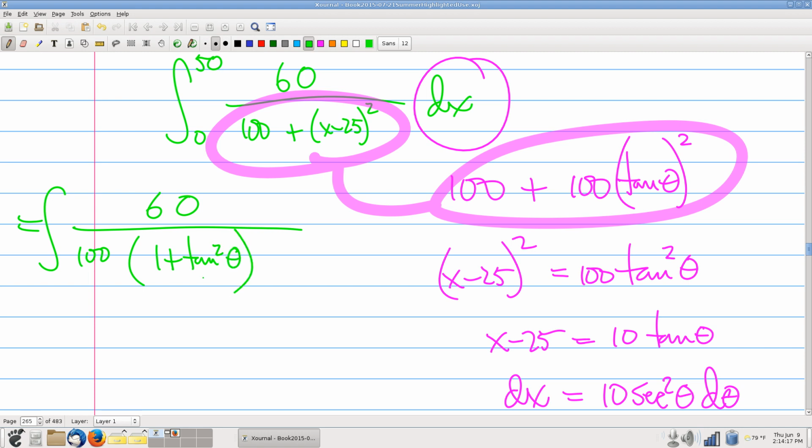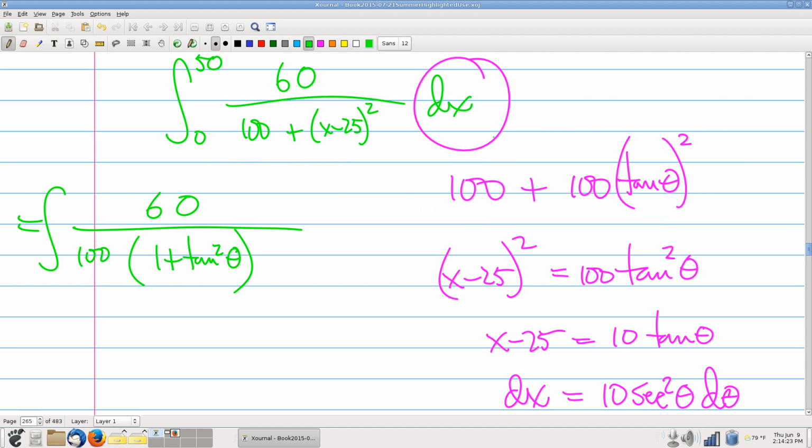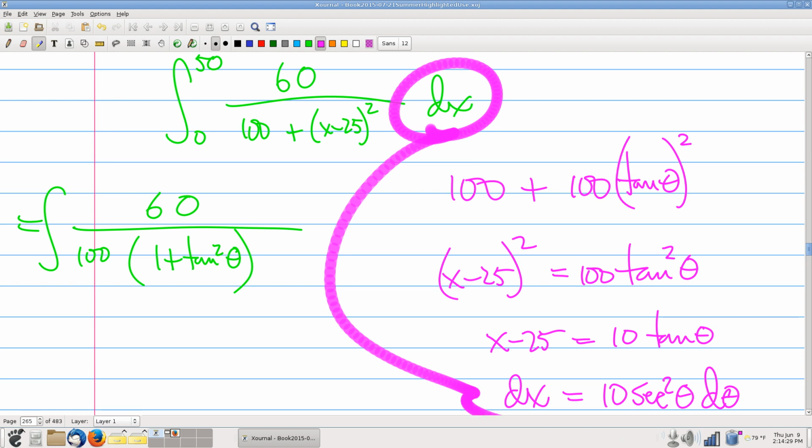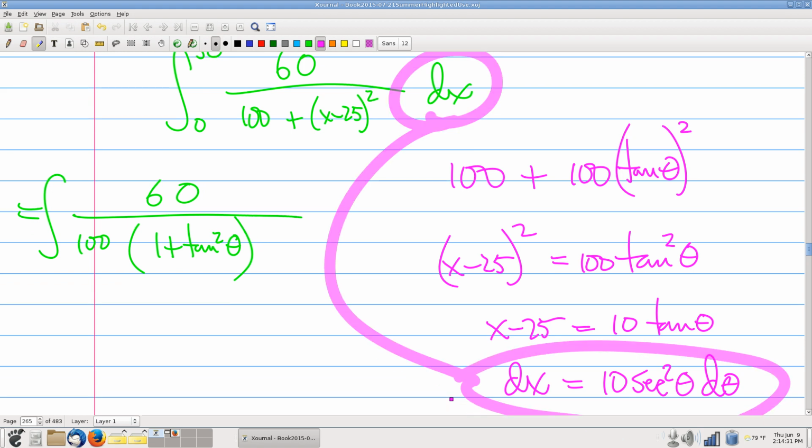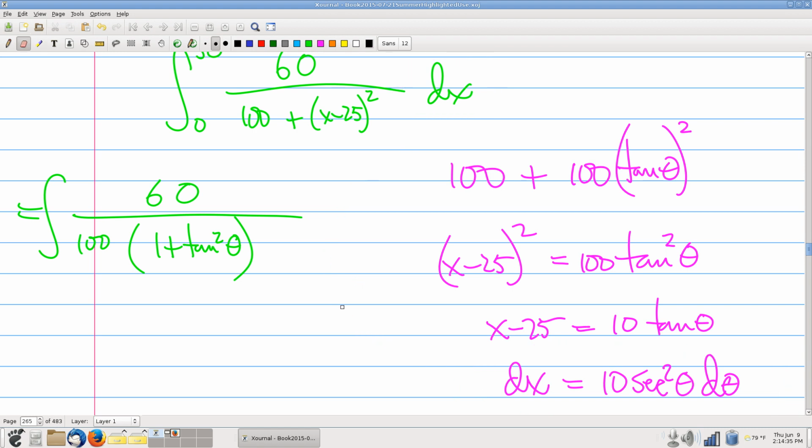And what about the dx? Dx is 10 secant squared theta d theta. Let's write that down.